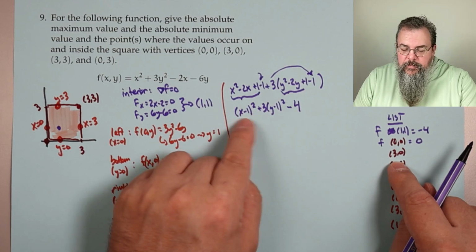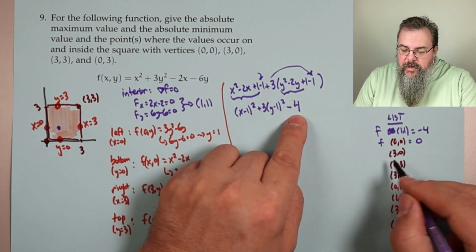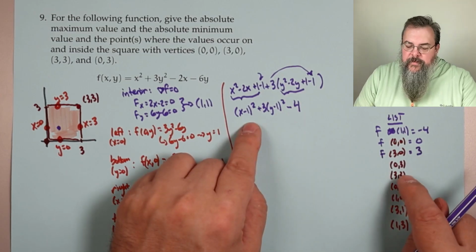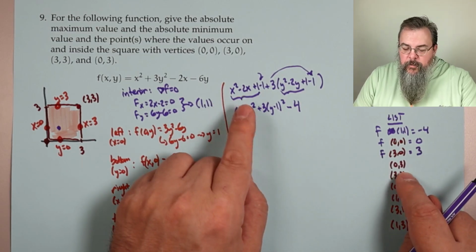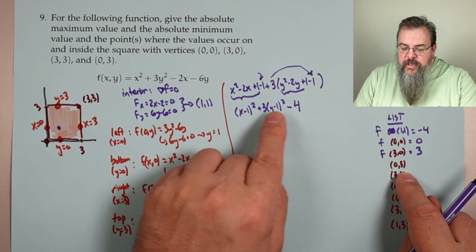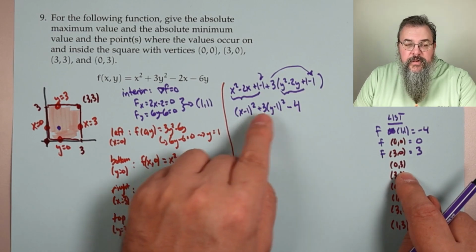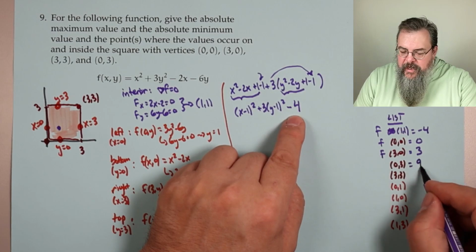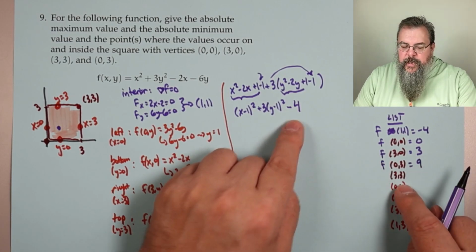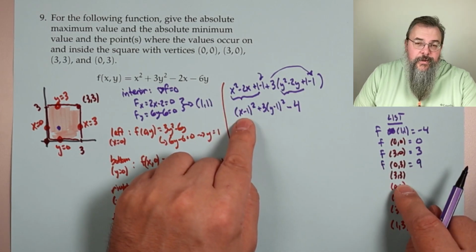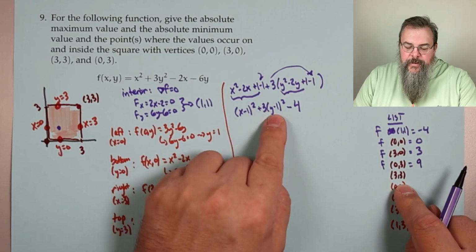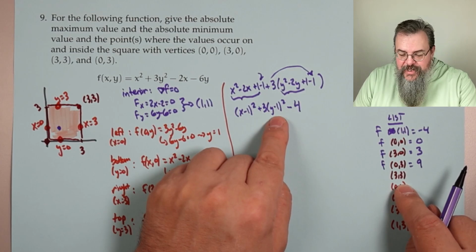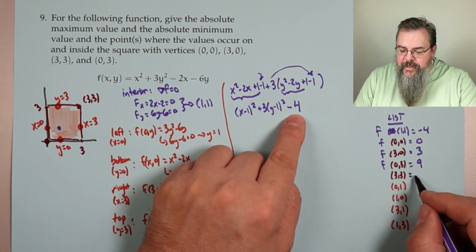So we get 4 plus 3 minus 4, so we end up with 3. F of 0 comma 3: 1 plus 3 times 4, so that's 1 plus 12, 13, subtract 4 is 9. 3 comma 3: 2 squared is 4, 2 squared is 4, so you get 4 plus 12, 16, subtract 4 is 12.